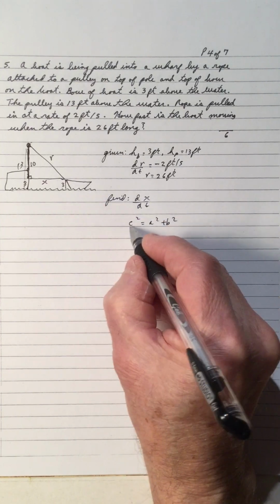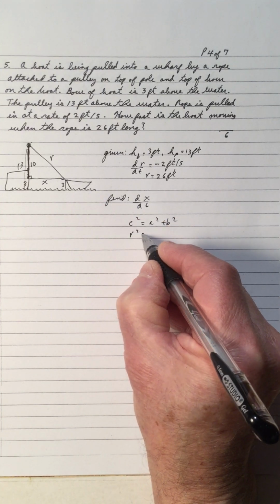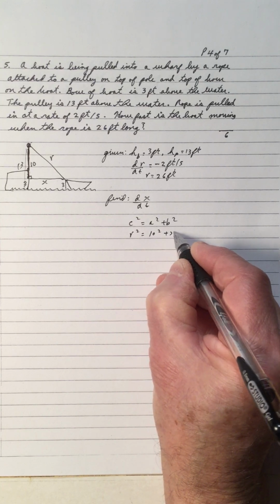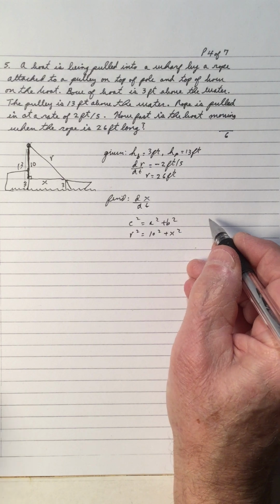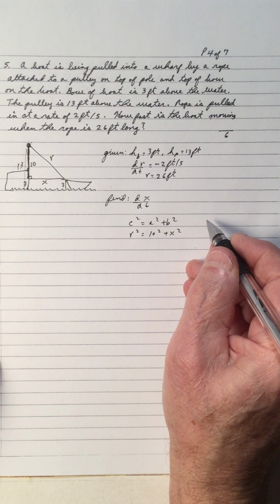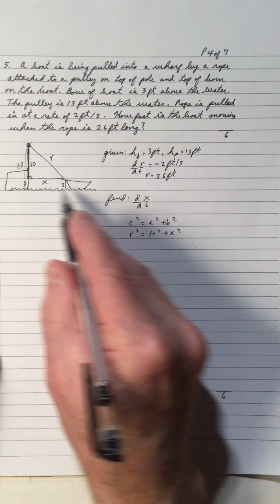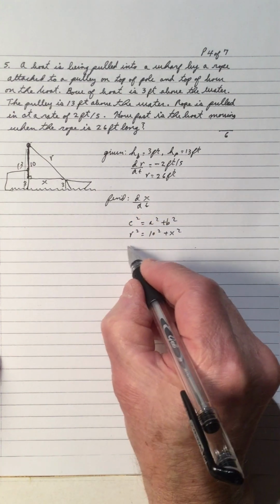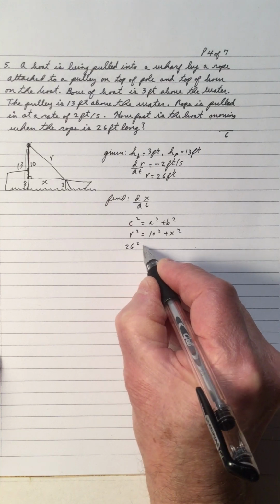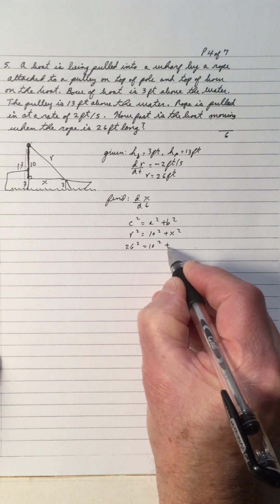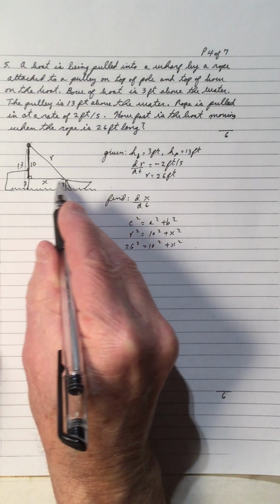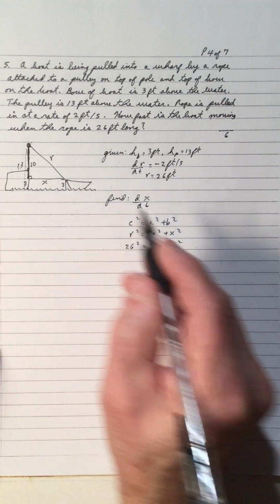So we have the length of the rope, and we have the 10 squared, and we have the x being squared. So that allows us, if we want, to say when the rope is 26, we can go 26, 10, and that will give us the distance that the boat is going to be pulled through.